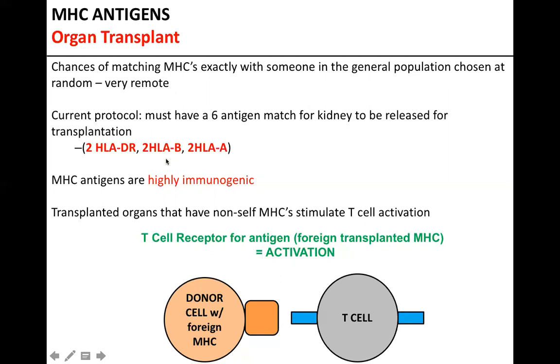But what do you do about the ones that don't match? That's the issue with transplantation. The recipient's immune system will recognize those as foreign and mount an immune response. The recipient's or the host's T cells will connect to the donor's MHC1 or MHC2 molecules and recognize them as foreign.